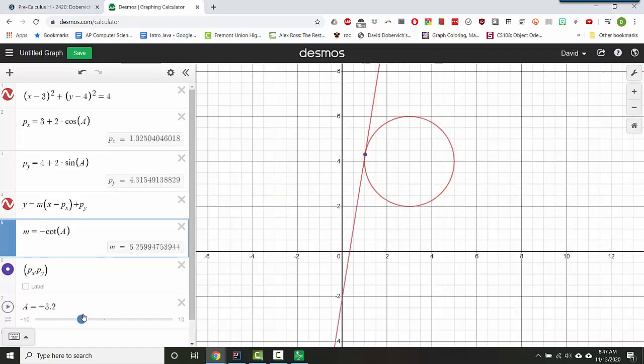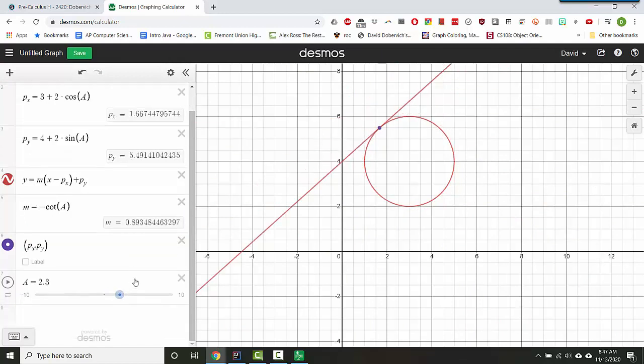But now, as I drag my point around, you see a whole infinite family of solutions. And now it's really easy for me to get any solution I want just by choosing an angle. Now I know how to calculate the slope, and I know how to calculate px and py.